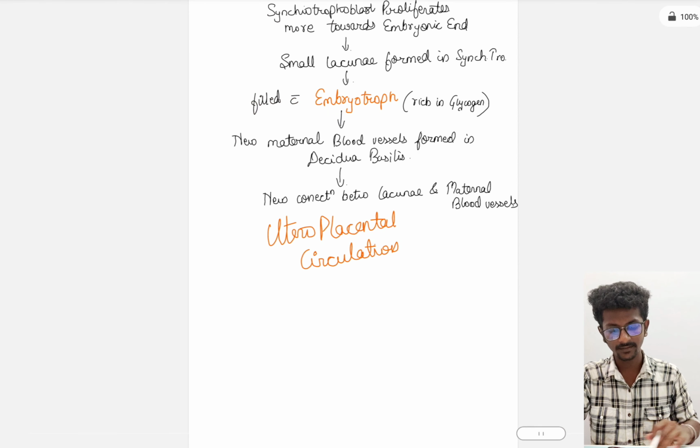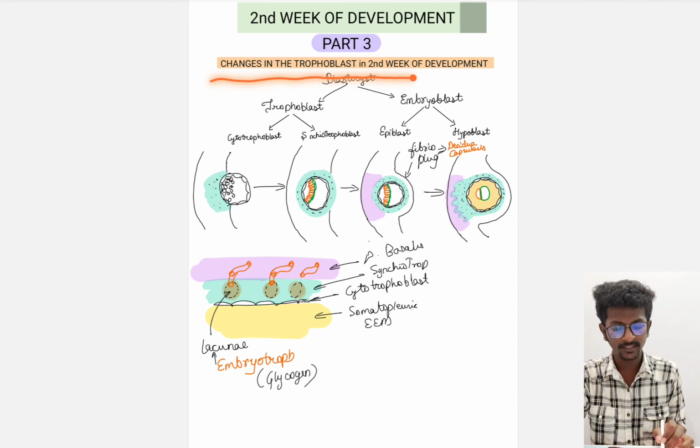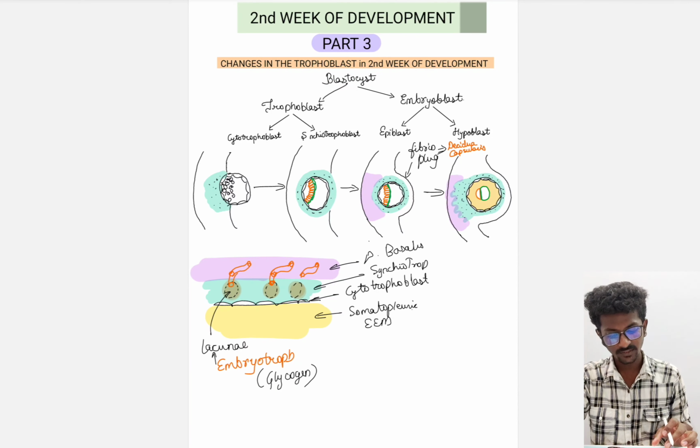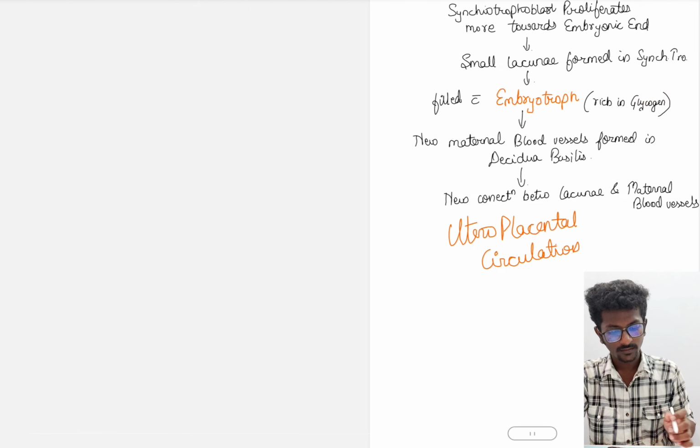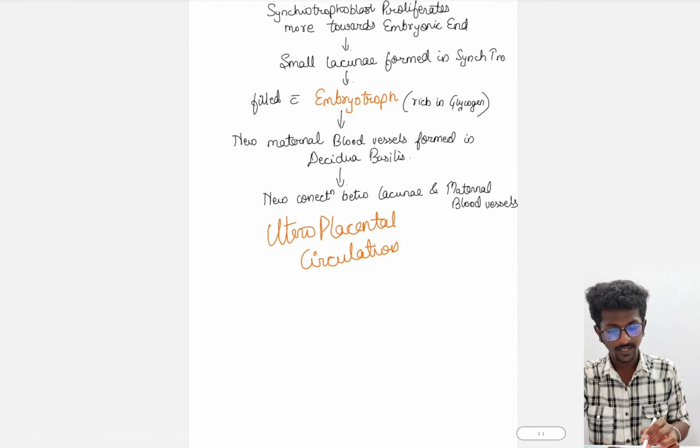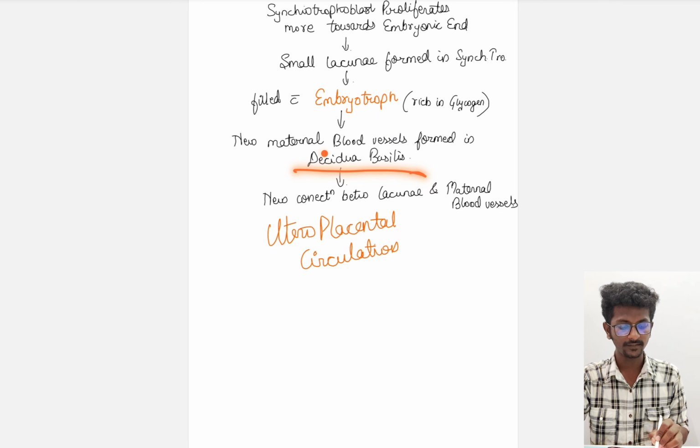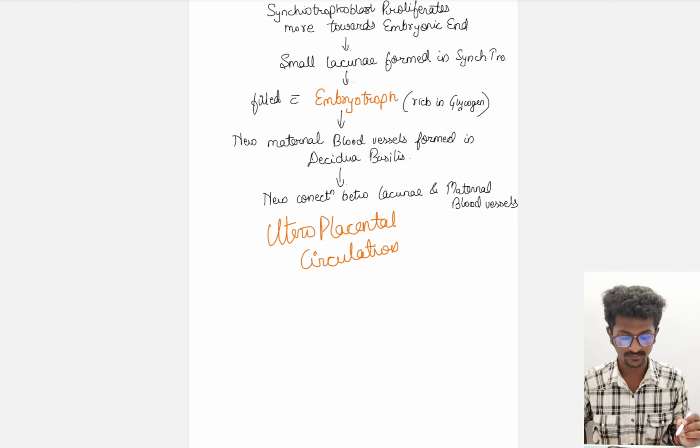In the previous lecture we started the changes in the trophoblast in the second week of development. Small lacunae are formed inside the syncytial trophoblast, which are filled with the embryotroph, and then in the decidua basalis the maternal blood vessels are formed, and a new connection is formed between the lacunae and the maternal blood vessels.